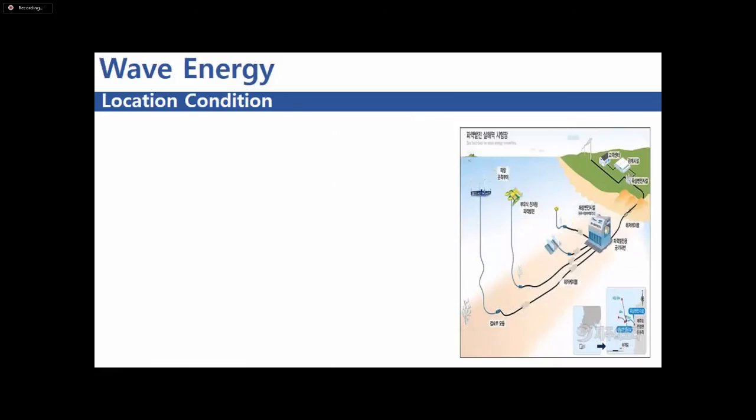And finally, we look at wave energy. What is the location condition for wave energy? We need strong waves, so probably places where the winds are strong.